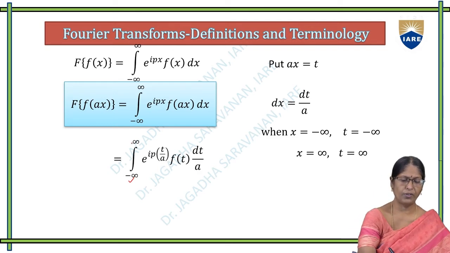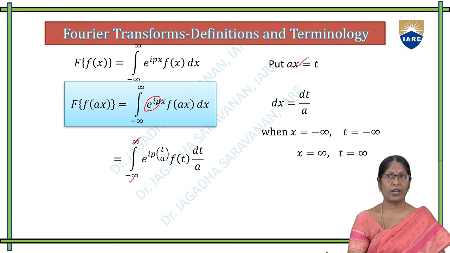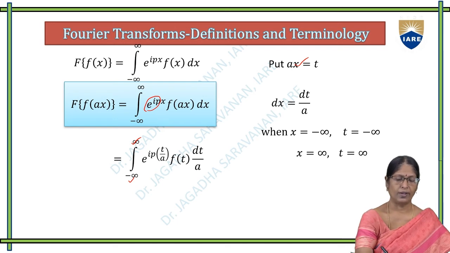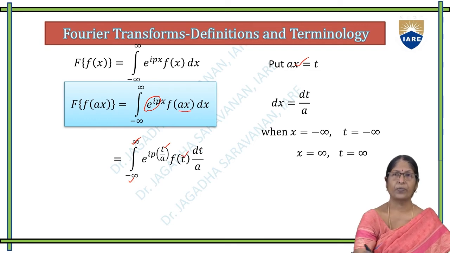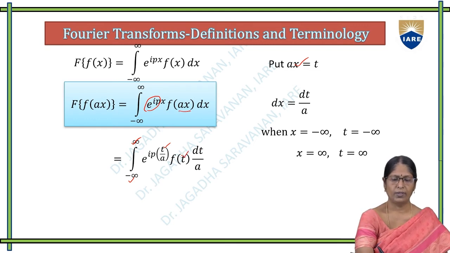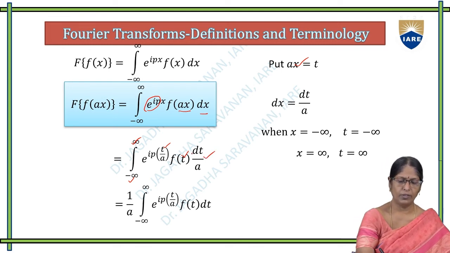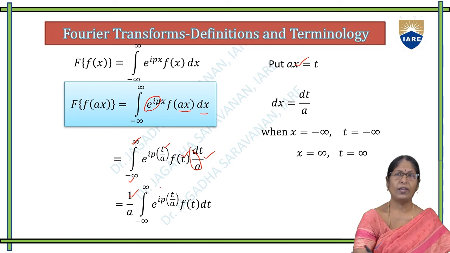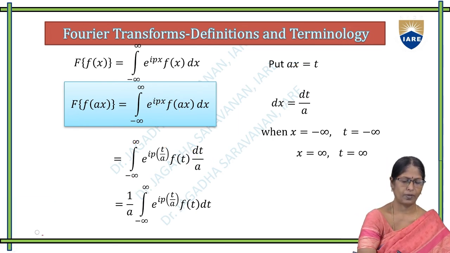So minus infinity to infinity, the e power ip part we did not touch, only x, which we replaced by t by a, and ax is t, f of t, with dx equal to dt by a. The 1 by a we take outside.